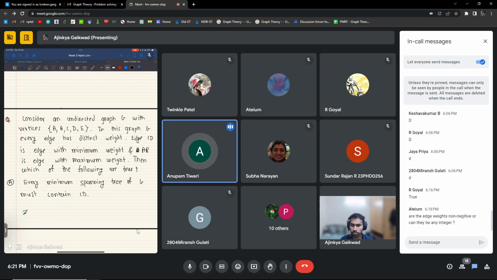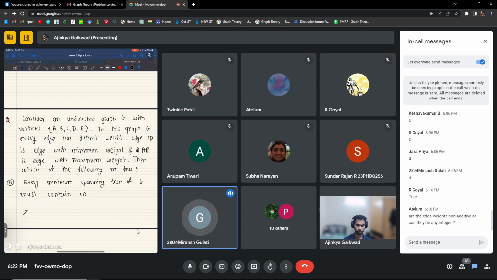So the minimum weight edge will always be part of the MST, even if you use any algorithm. Okay, so you are saying it is true. Because the weight of the minimum spanning tree would be unique.